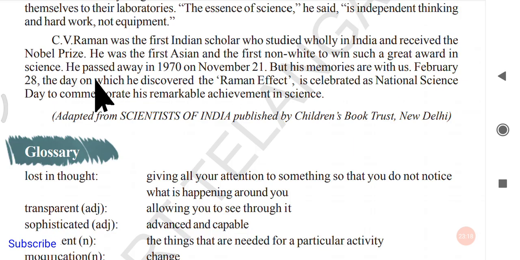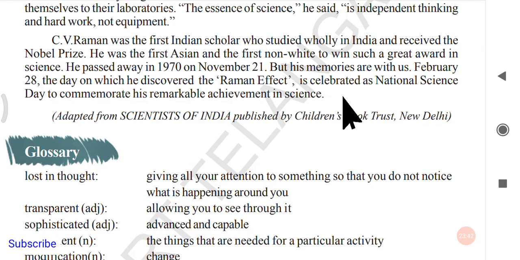Next, he passed away in 1970 on November 21, but his memories are with us. February 28th, the day on which he discovered the Raman effect, is celebrated as National Science Day to commemorate, to remember, his remarkable achievements in science.